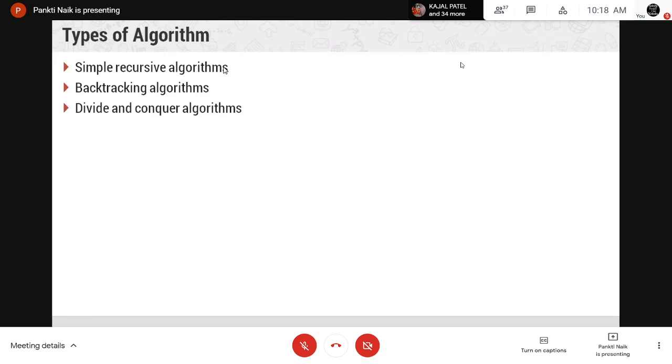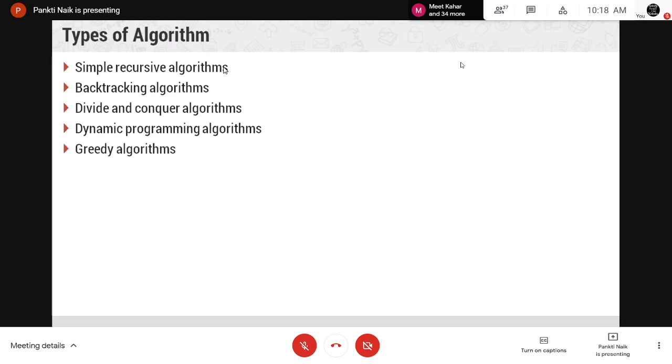That is divide and conquer. Next is dynamic programming algorithm, and there are different algorithms under the category of dynamic programming, which we will learn in the next to next chapter.